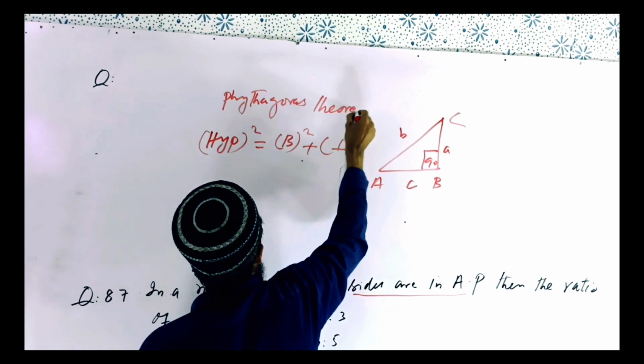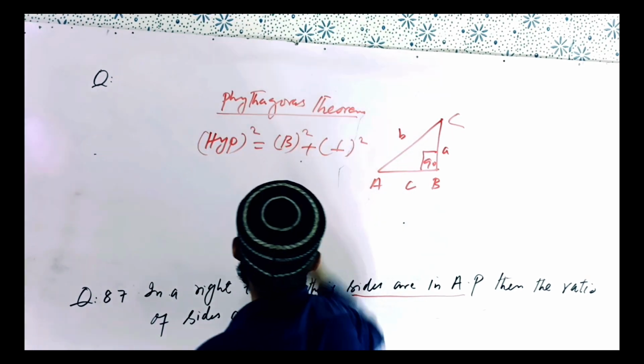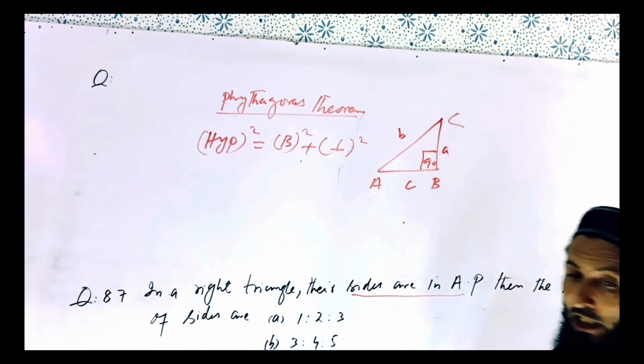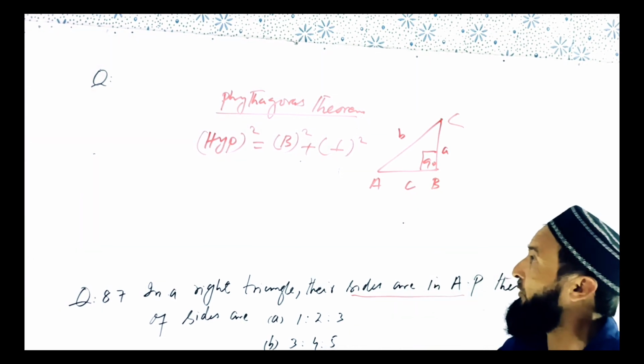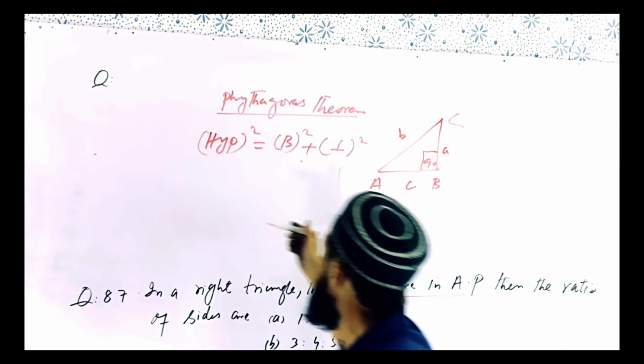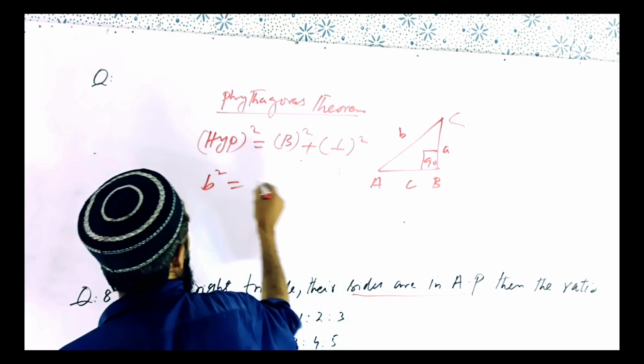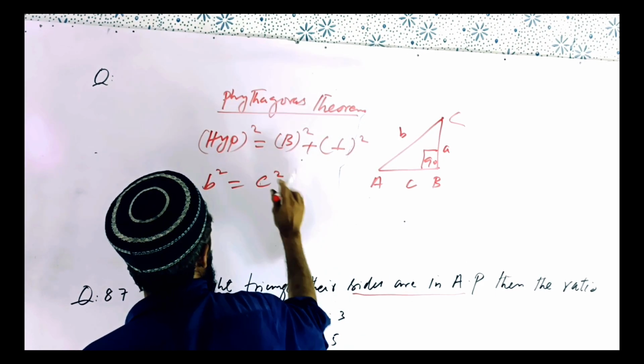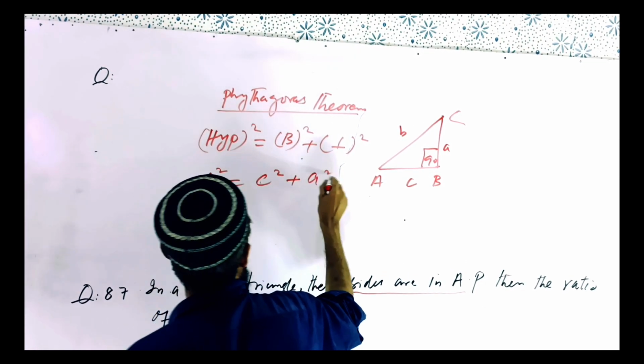We are using this theorem from the 9th class book. We have already discussed the theorem. Hypotenuse is b square, which is equal to base c square plus perpendicular a square.